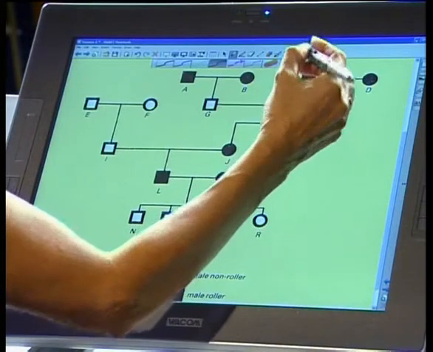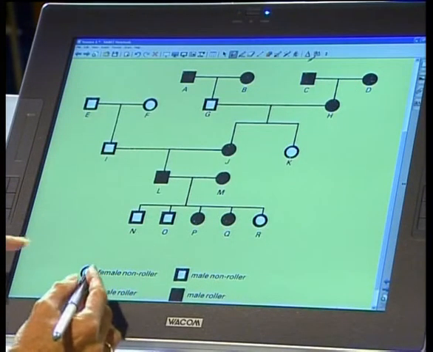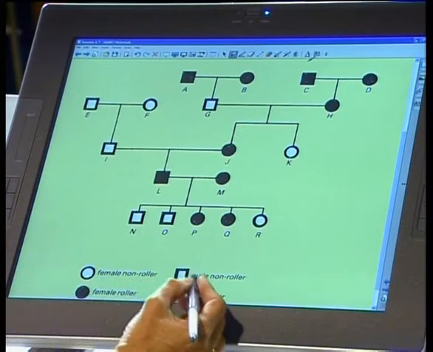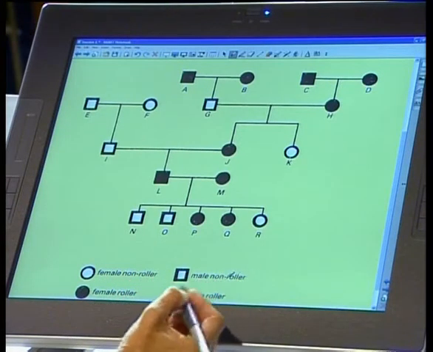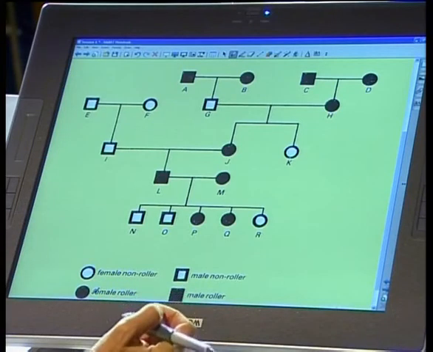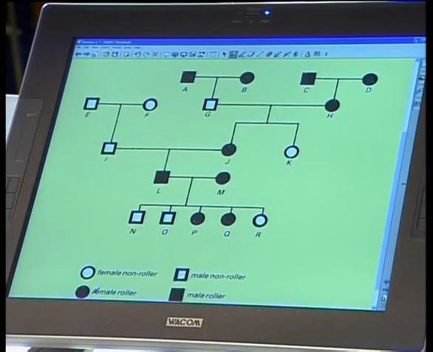And when we look at the pedigree chart, they give you a key, and the key will tell you here, the white circles are female non-rollers, and your male non-rollers are also not shaded. Your female rollers are shaded and your male rollers are shaded. Now, to roll the tongue is dominant.